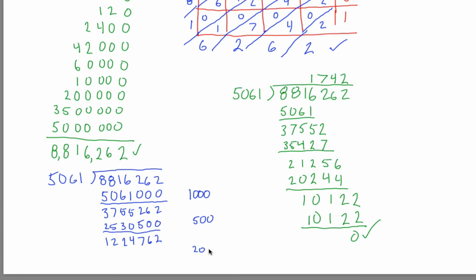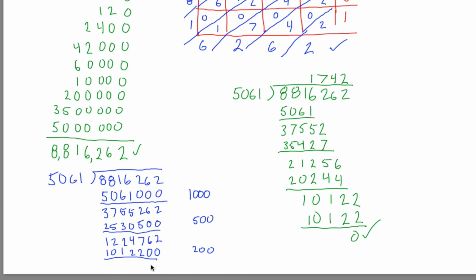Maybe 200 would be a good idea, because 200 of these things are roughly 1 million, and I have over 1 million. So I take this number and I multiply it by 200, which means tack on these 2 zeros, and then multiply this number by 2, which I think I've done over here. I think it's 10122. And then I subtract again.